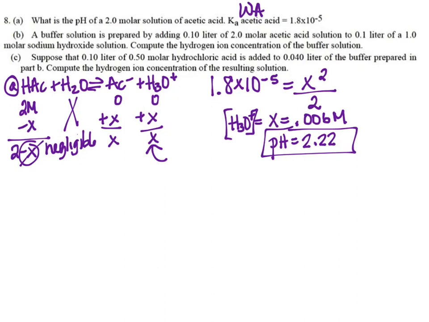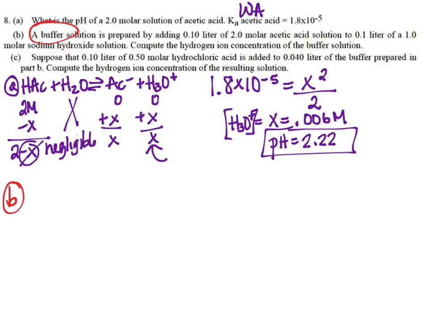All right, let's look at B. A buffer solution. So now we are in a buffer. 0.1 liters of 2 molar acetic acid and 0.1 liter of sodium hydroxide. Compute the hydrogen ion concentration of the buffer solution.